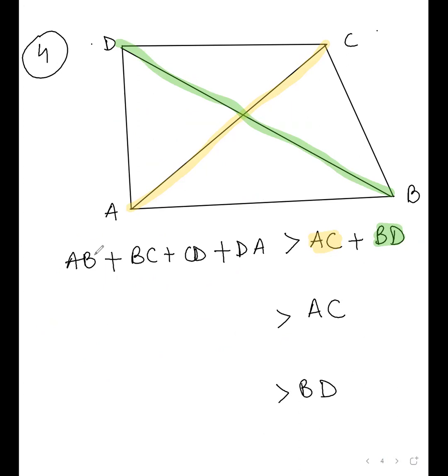Can you see any triangle over there that AC is a part of? No. Hiba, do you see any triangles inside this quadrilateral? Yeah. How many triangles do you see? 4.